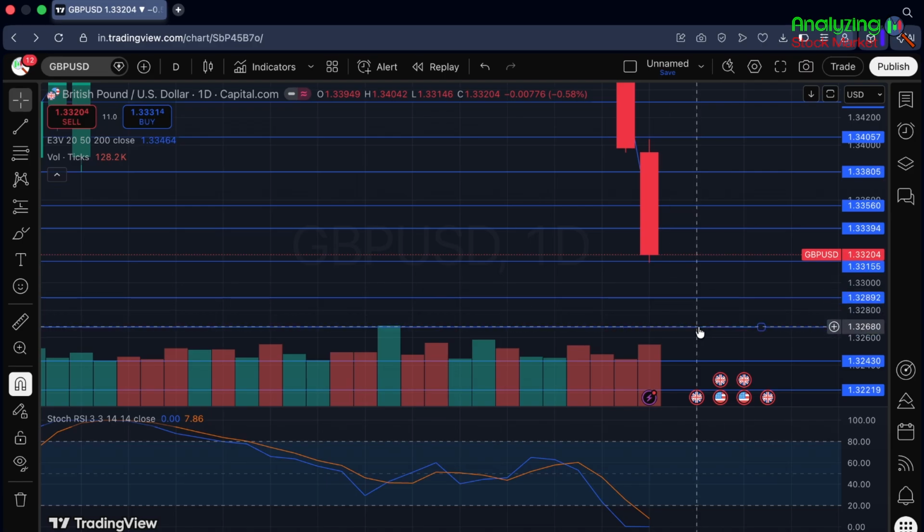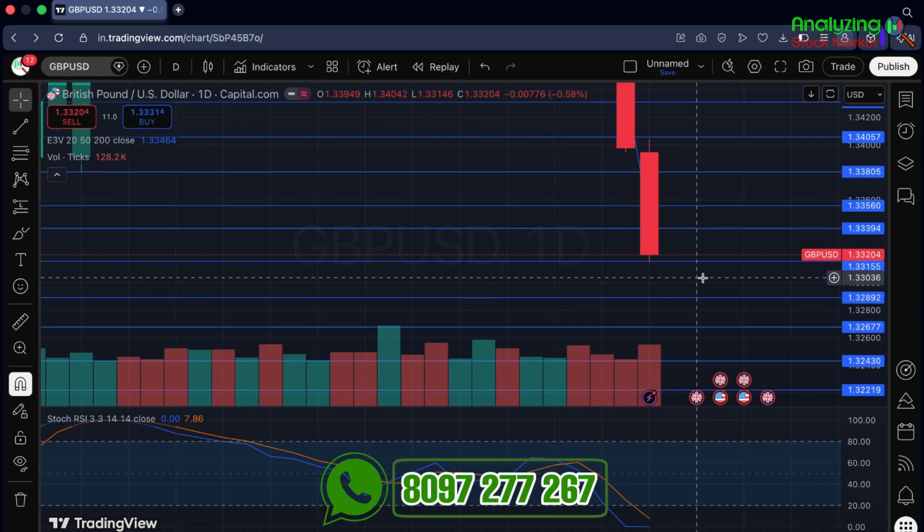Remember, if you keep trailing a stop loss, let's say this level gets breached and you trail your stop loss till 1.33394, your initial stop loss is this level. Once this gets breached and a 4-hour or 1-day candle gets closed below this, then you are targeting this level, but you are trailing your stop loss at 1.33132. So remember, always trail your stop loss with a 4-hour high or a 1-day high, and then accordingly move your targets.